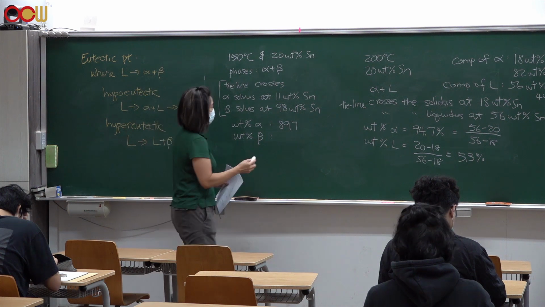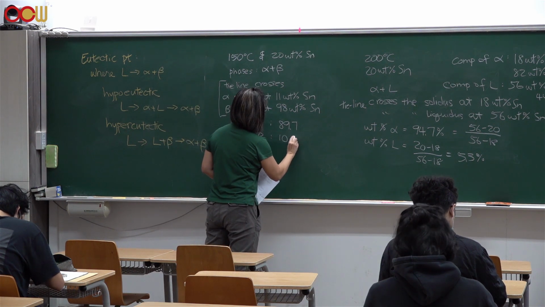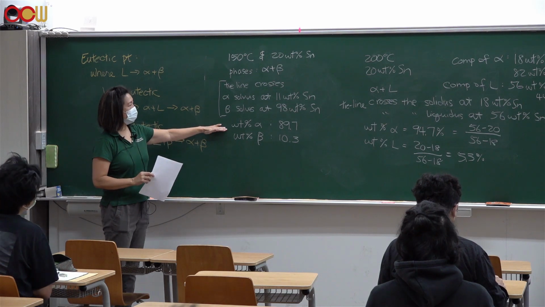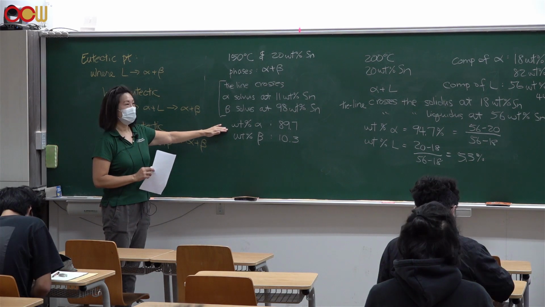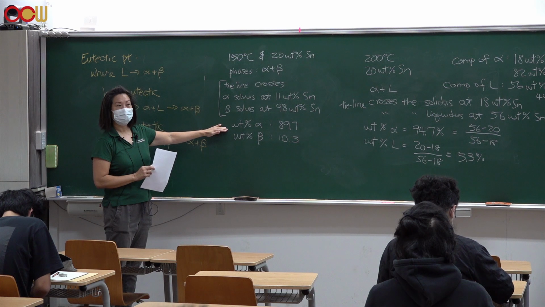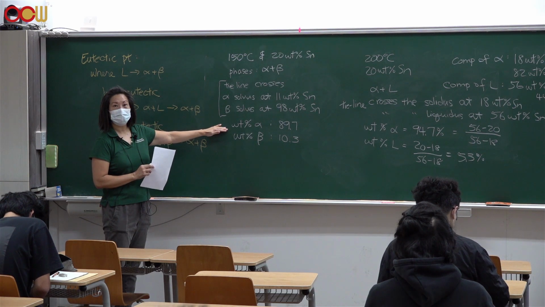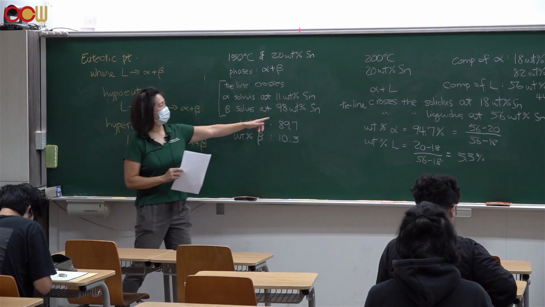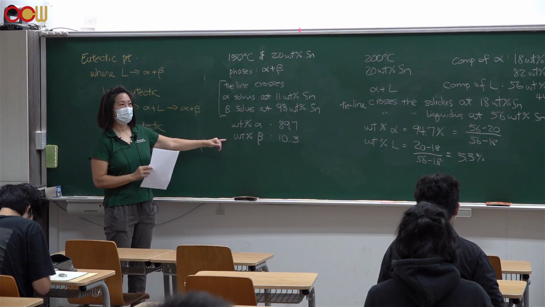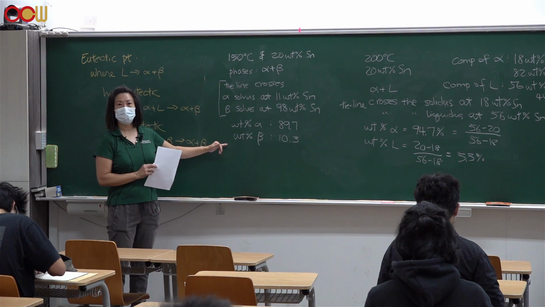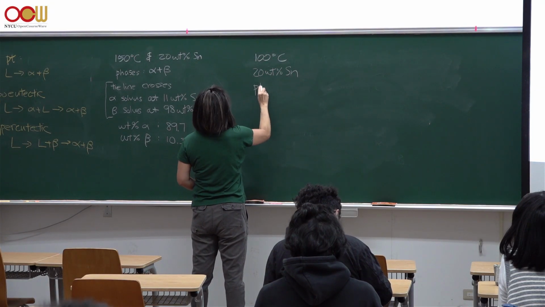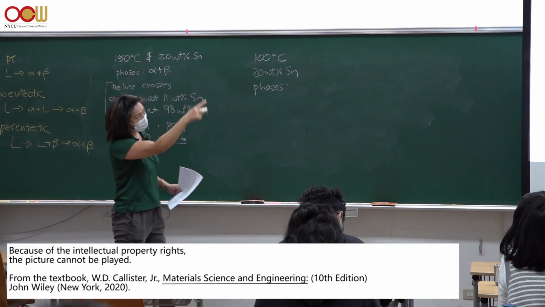And then the alpha here is made out of what? 11 weight percent tin, 89 weight percent lead. And beta here is made out of 98 weight percent tin and 2 weight percent lead. One more. Phases present. That's the fourth red dot.